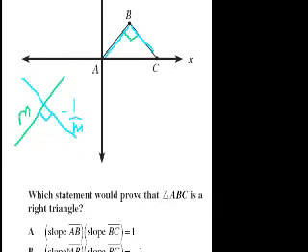So let's see. So what did I say? Slope AB, or we could say slope BC.